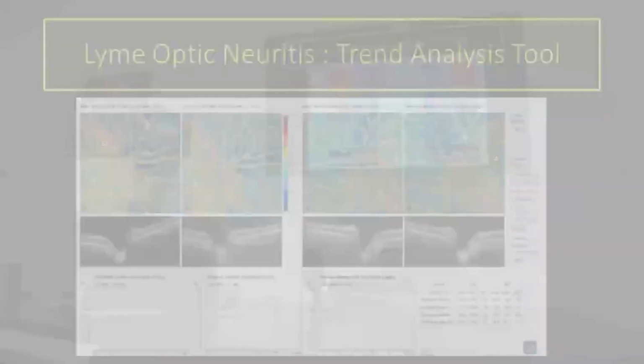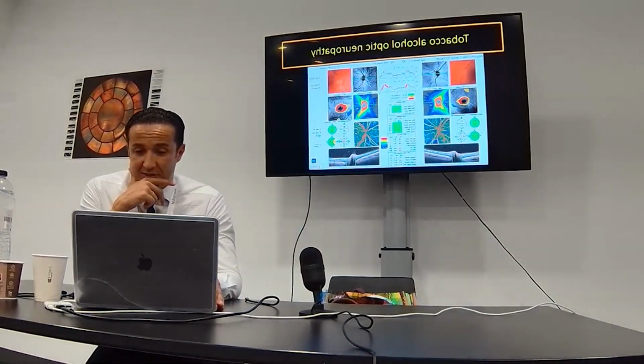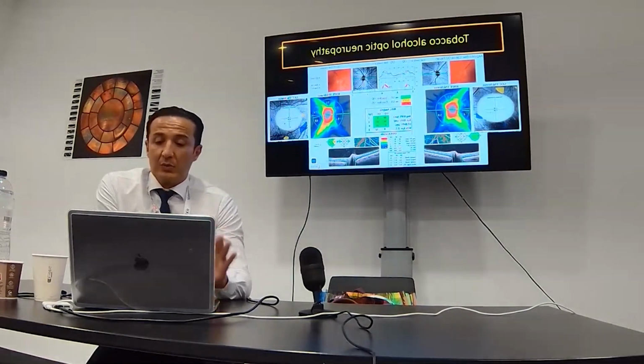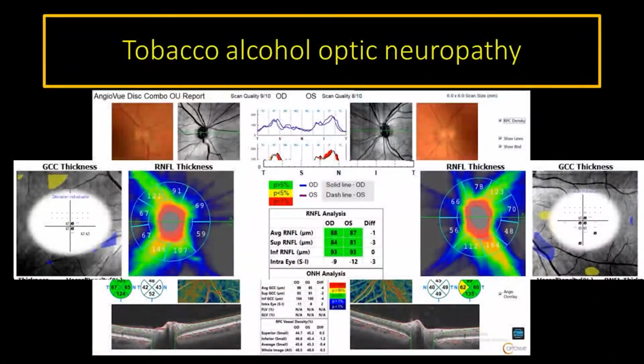Here in optic neuropathy, in a tobacco alcohol case, you observe the thinning of the GCC around the foveal avascular zone, and you can make a correlation with visual field as the presence of a central scotoma. So, with retinal OCT, you can use B-scan, en-face OCT, OCT angiography to make your diagnosis even in optic nerve analysis.